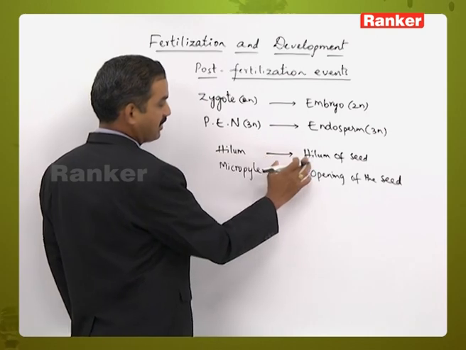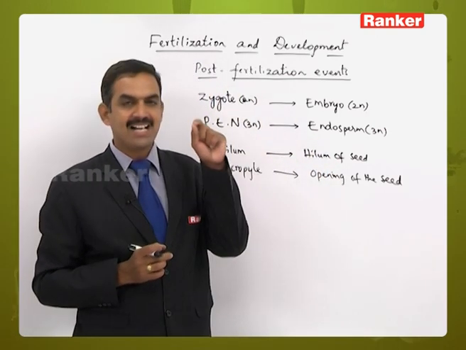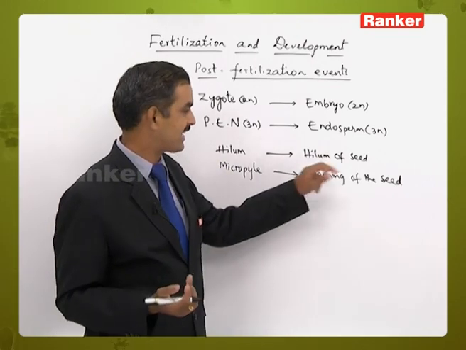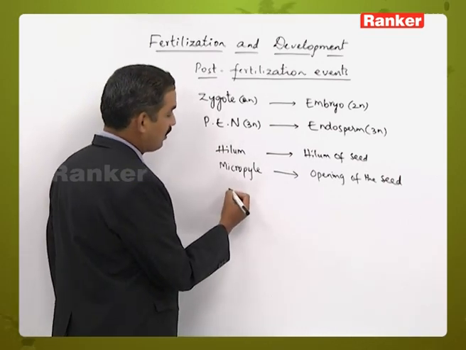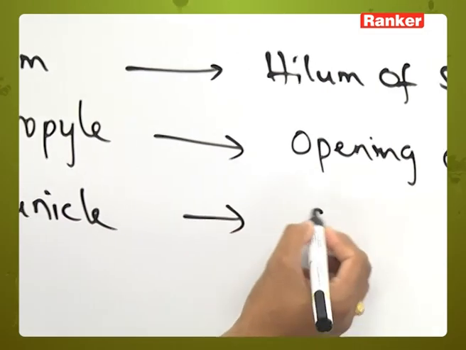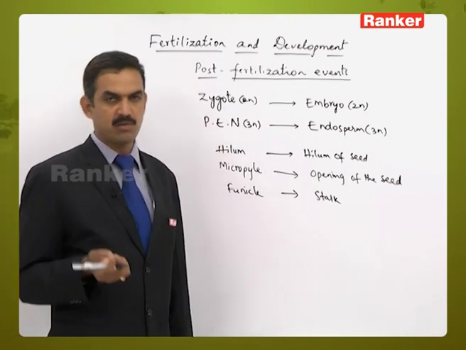And of course hilum is the part by which the seed gets attached with the fruit wall. It is an opening like structure which will help in attachment of the seed to the pericarp of the fruit. And the funiculus or funicle of the ovule is converted into the stalk of the seed. So like that some changes are taking place.